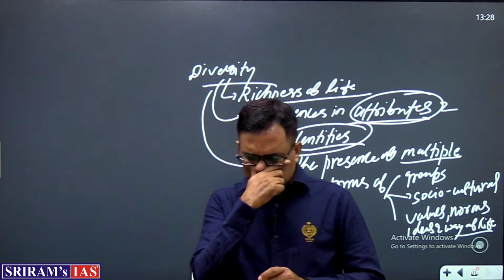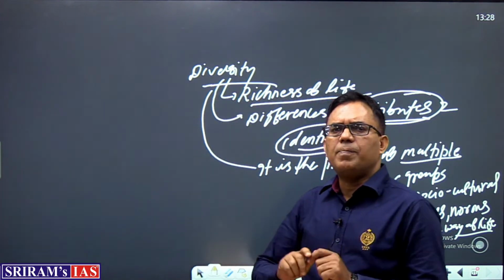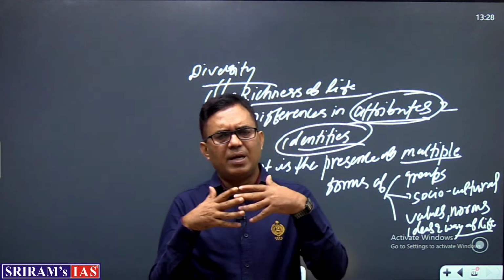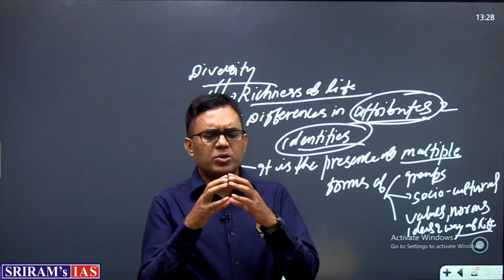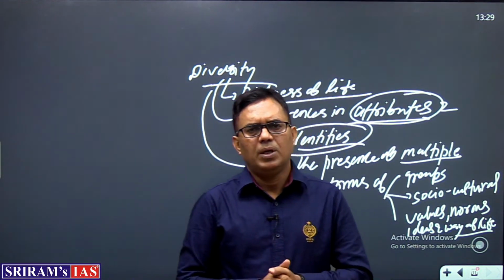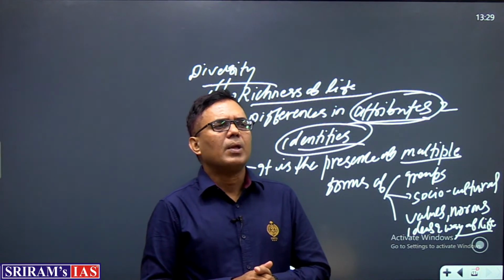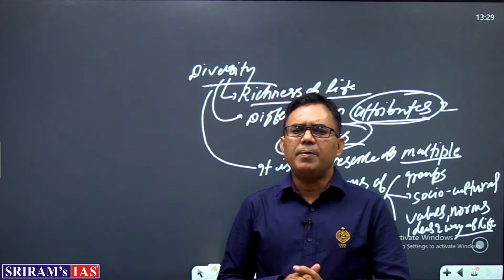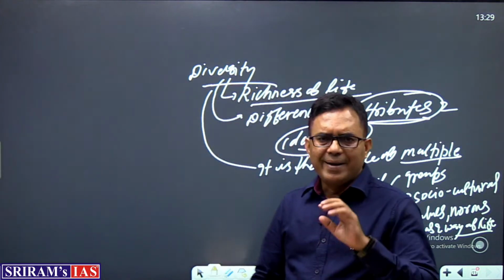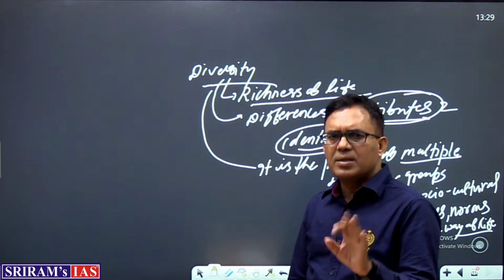Sometimes this may also create a challenge if there is incompatible diversity, where the elements of diversity are not compatible among themselves, which may create a problem. Sometimes when the element of diversity is used for identity politics, then it is harmful.